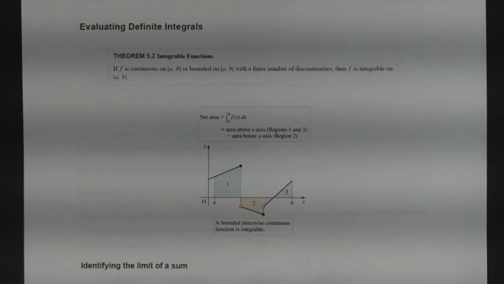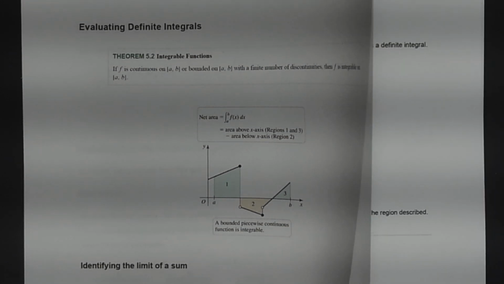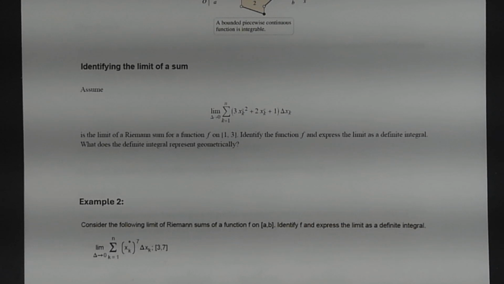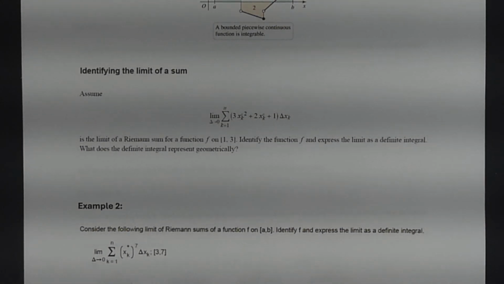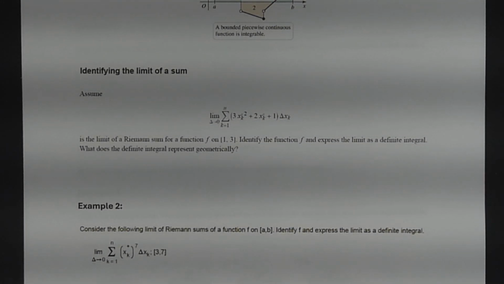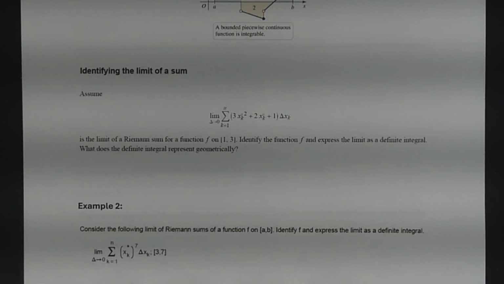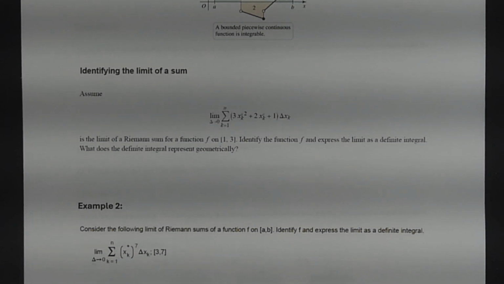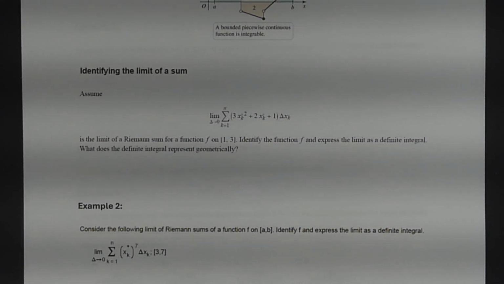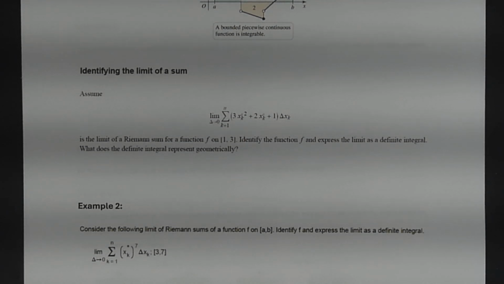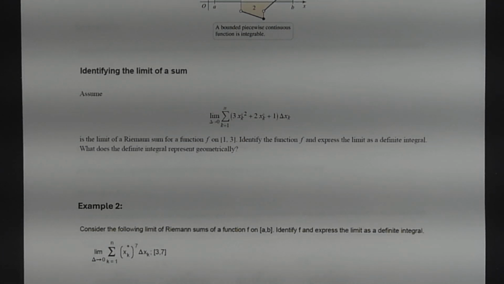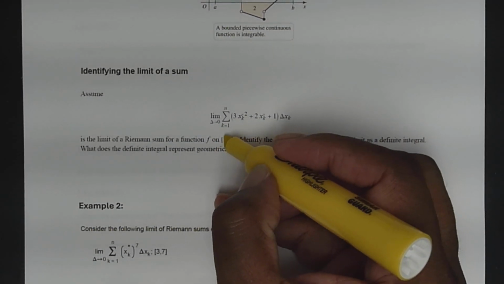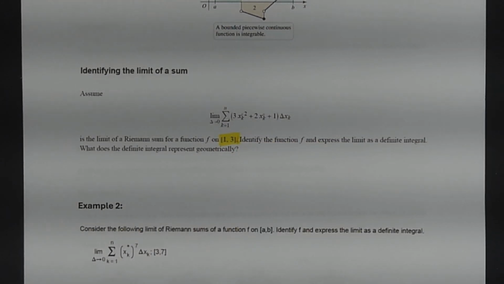All right. Now we can identify the limit of a sum. So what we're going to be doing here in this case is just writing it in as a definite integral. Let's assume that the limit as delta approaches 0 of the summation for k equaling from 1 to n of 3x star sub k squared plus 2x star sub k plus 1 times delta x of k is the limit of the Riemann sum for the function f on this interval, 1 to 3.